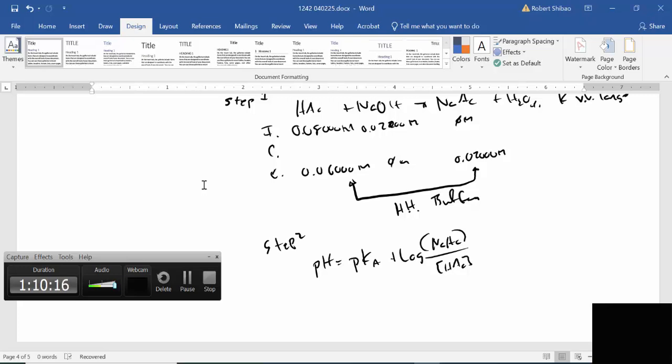So the equilibrium from step 1 goes to the initials of step 2, and that's what I plug in here. And so this is 4.744 plus the log of the base, 0.02, over the acid, 0.06, or the log of 1/3. What is the log of 1/3?